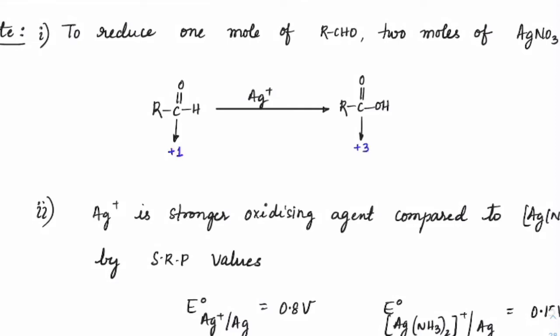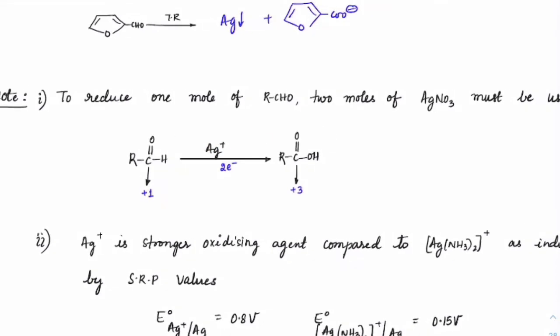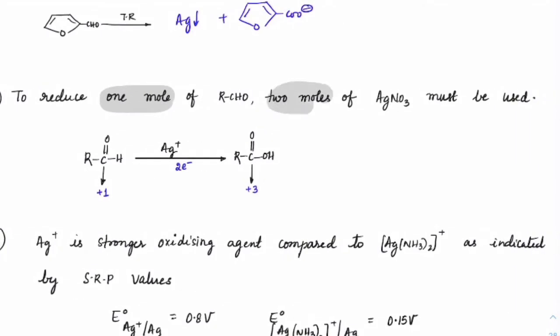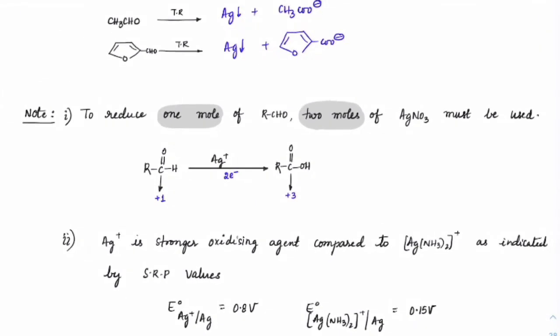Which means it is actually losing 2 electrons. So 2 electrons can reduce 2 moles of Ag, which means 1 mole of aldehyde can actually reduce 2 moles of AgNO3. So this is what happens.